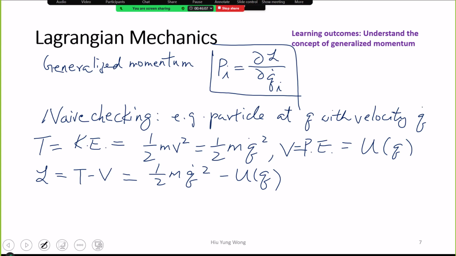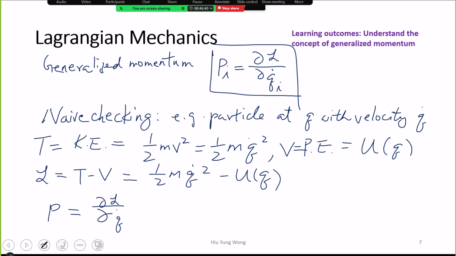Now, tell me, what is the momentum of this particle? We know that the momentum of a particle moving at velocity v is mv. Let's see if that is the case. Based on the definition, it is partial L over partial q dot. This is the definition we just gave you, so it should give me mv.